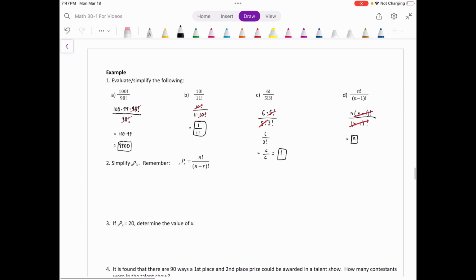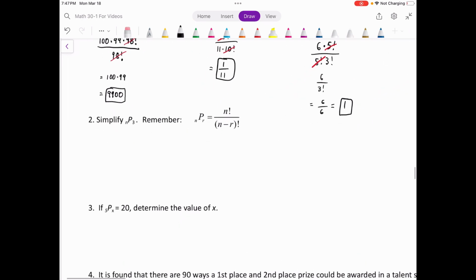Okay, let's try out this one. So it wants us to simplify n permute 3, right? Well, what does that even mean? Remember, the formula for n permute r is just n factorial divided by n minus r factorial, right? The number of ways there are to arrange all of the options, but then we want to divide out the number of ways to arrange the things that aren't actually being chosen and therefore aren't actually being arranged in the outcomes we're interested in, okay?